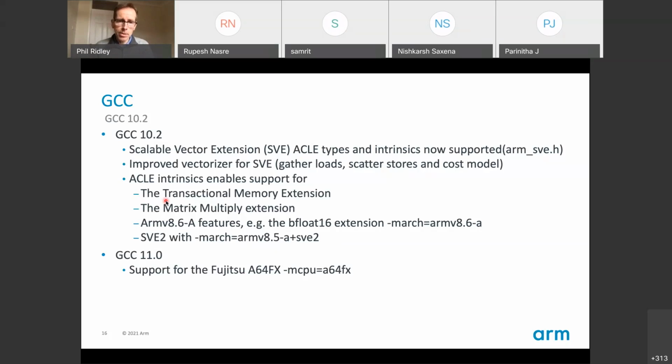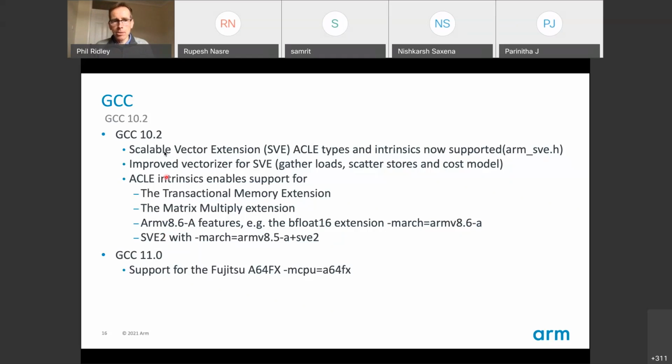And half precision support is also there with GCC 10.2. There is also support for SVE2, which is what's coming after SVE. That's an extension to SVE with support for digital signal processing and multimedia type applications. So maybe not so relevant for HPC, but I'll mention it anyway.